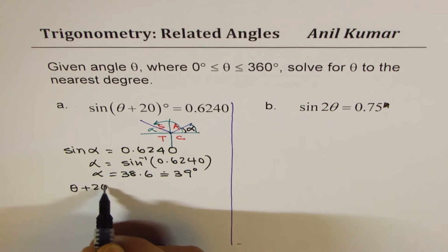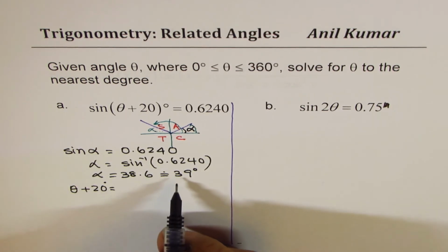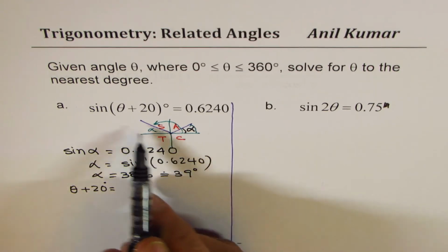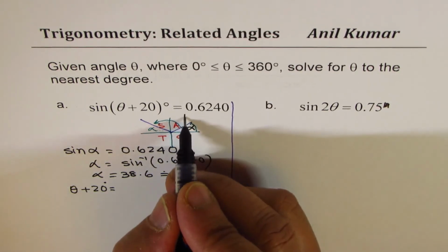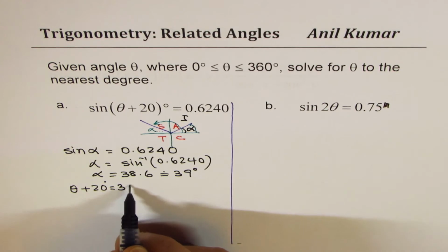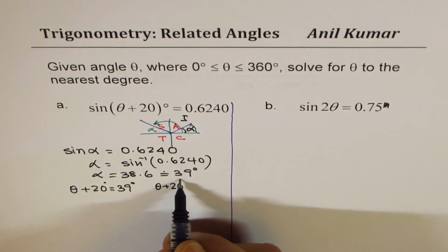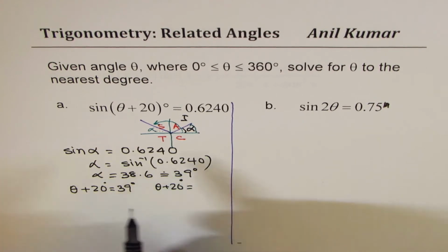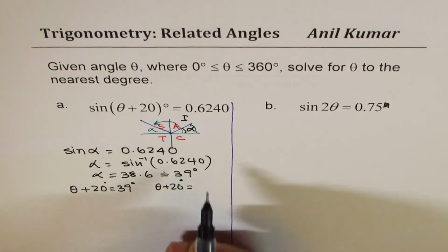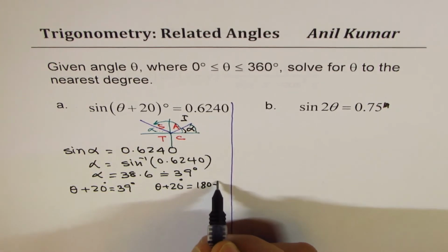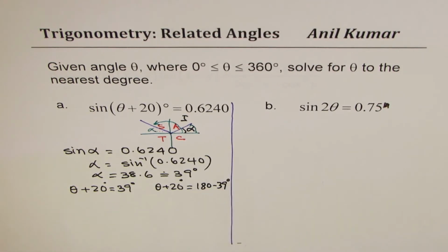Theta plus 20 degrees is equal to 39 degrees in quadrant 1. The other one is theta plus 20 degrees is equal to 180 minus 39 degrees.